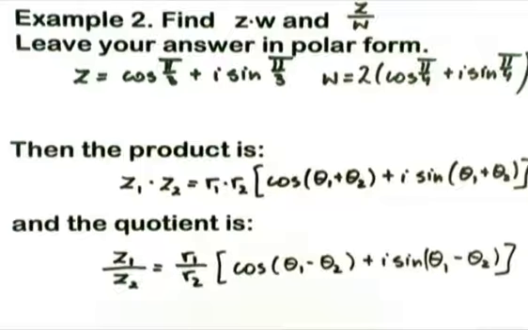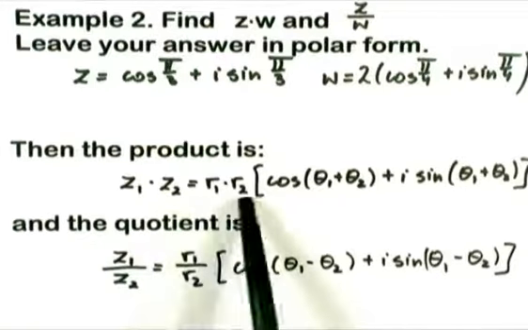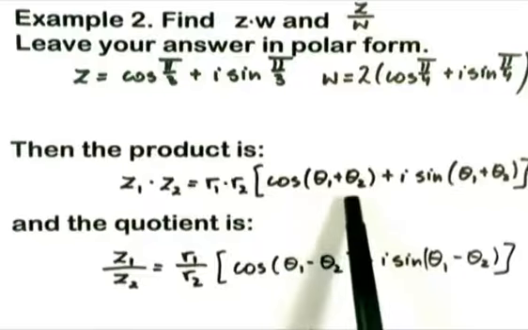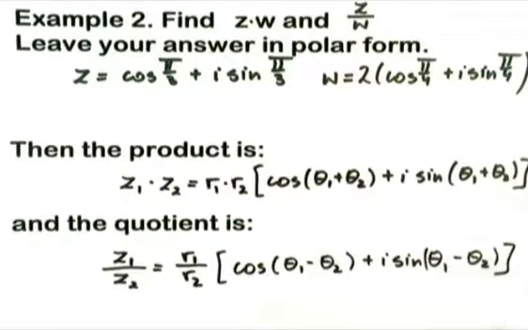For z1 times z2, we multiply the r's and add the thetas, theta 1 plus theta 2, and when we divide, we divide the r's and subtract the thetas. This is the product and the quotient from the theorem. So for my case, we need to find the product.